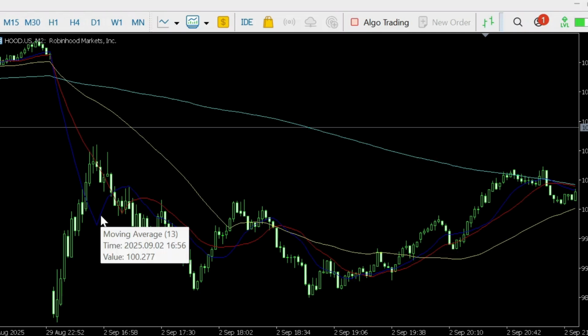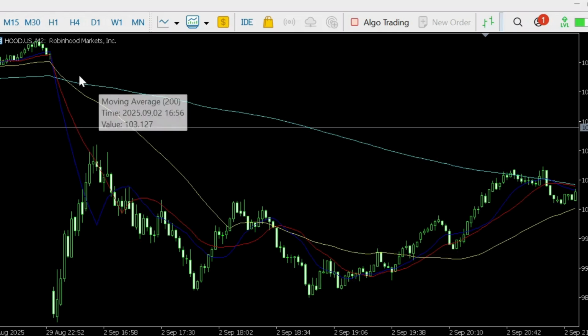So whenever you see the 13 moving average hanging on top of your price action, just know that it's going to be performing the function of resistance, showing you that you need to be trading towards the downside. These 4 moving averages that I have here, you can see all of them with different colors.